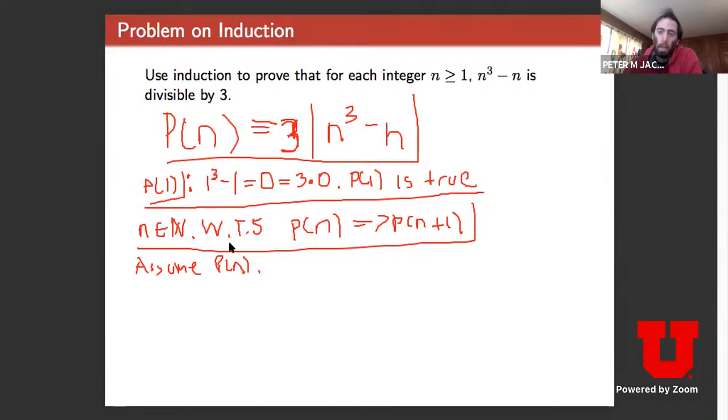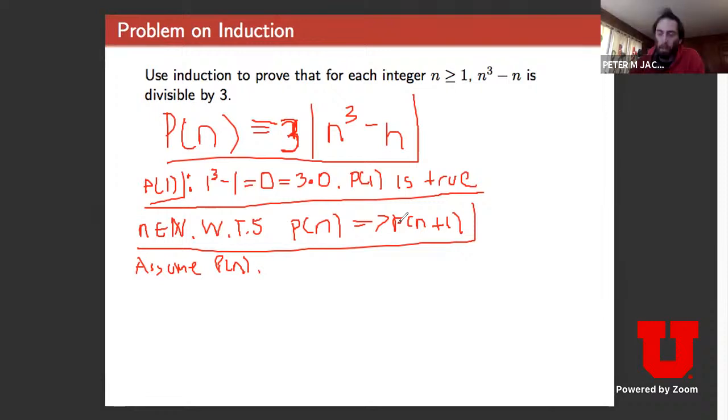I didn't even think about it when I did it like this. I didn't choose to prove P of n implies P of n plus 1 because I thought it would be easier. I just did it because that's valid, but you could have easily decided, I'm just going to assume that P of n minus 1 is true and prove P of n. You could have totally done it that way.